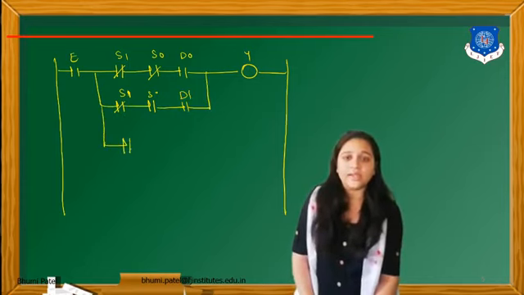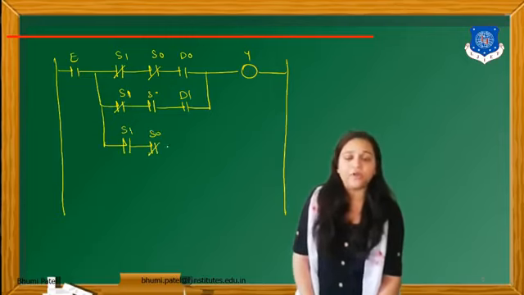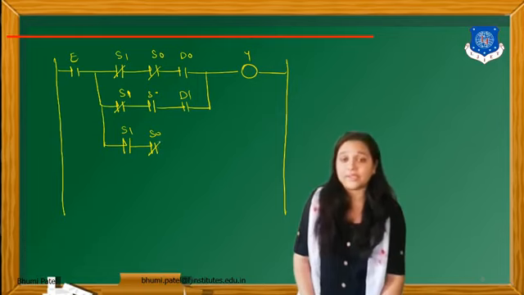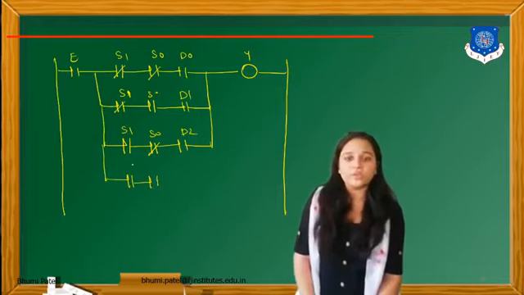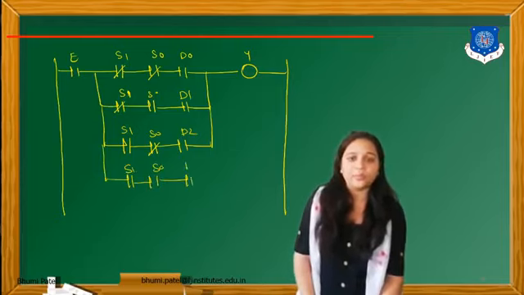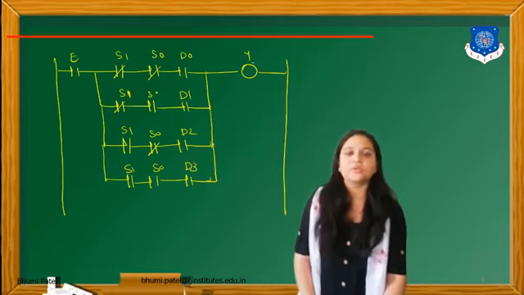Now the next condition is S1 as a normally open contact, S0 connected as normally closed, because here it is S1 S0 complement and D2 as a normally open contact. The fourth possibility is both selection lines high and the input is D3; at that time the output should be on.